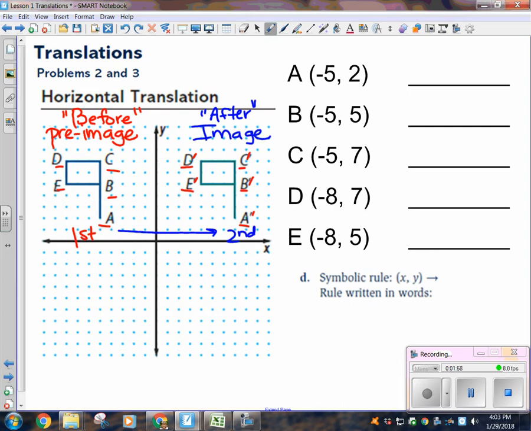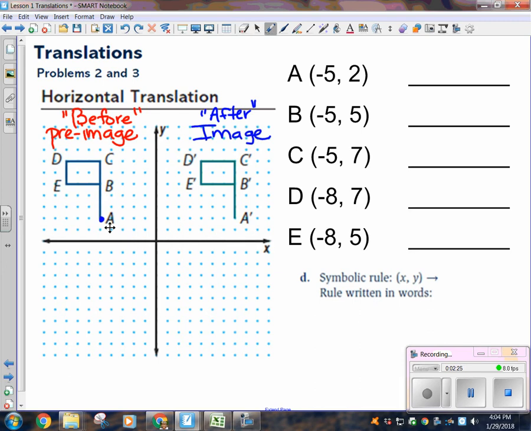So what I'd like to do is we want to be able to talk about describing what happens in words and also writing a function rule for that. All right, I want to help you understand how there is a pattern and how it works. So I want to plot the points. I want to go to A. A is this point down here, and when I get to that point, I have to go -5, 2.